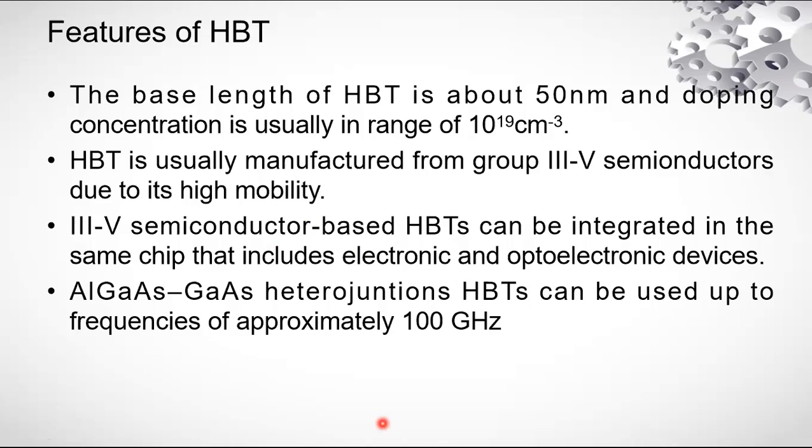That is one advantage. And suppose if we are using aluminum gallium arsenide heterojunction HBTs, we can use such HBTs up to frequencies of approximately 100 gigahertz.